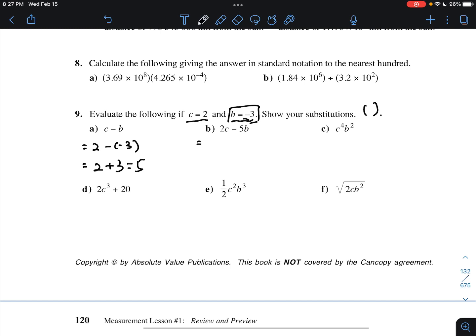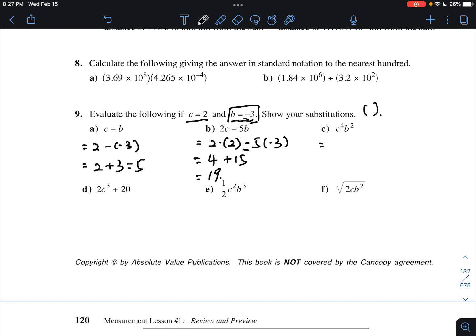And for 5 times B, 2 times C is 2 times 2, which is 4. And this one is -5, and -5 times -3 is positive, so it's 19.